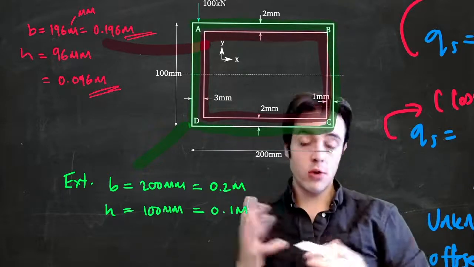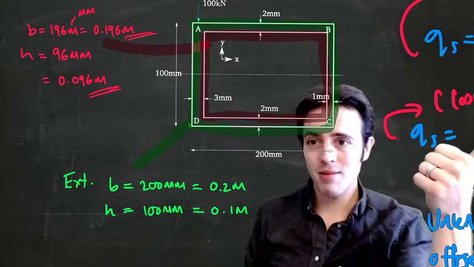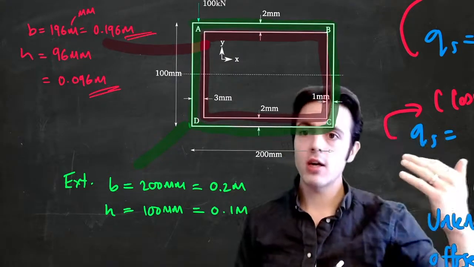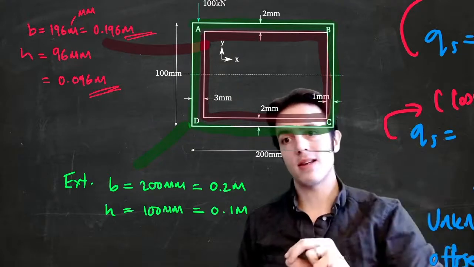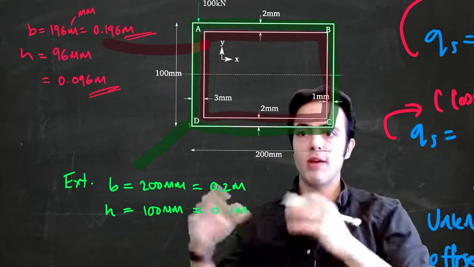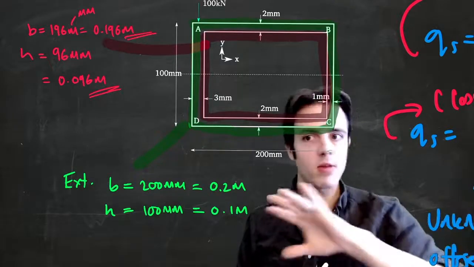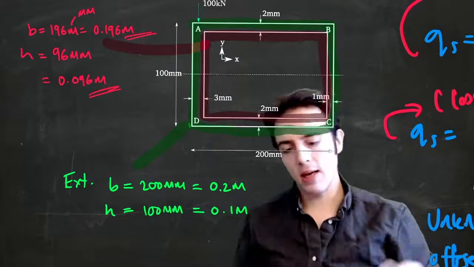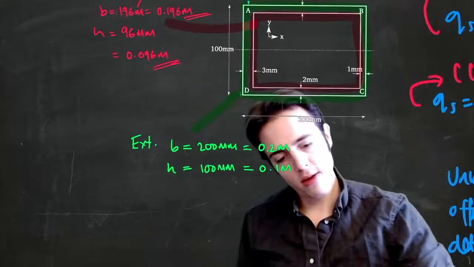If you keep everything in millimeters, you've got to keep your thickness in millimeters and all of your displacements in millimeters, and your shear flows will then be in newtons per millimeter. If we put everything into meters, then we've just got to be consistent, making sure that thicknesses and y displacements are always in the same units, either millimeters or meters. Okay, so let's solve these the two ways.